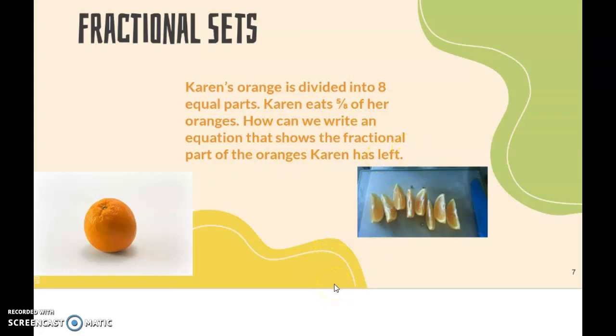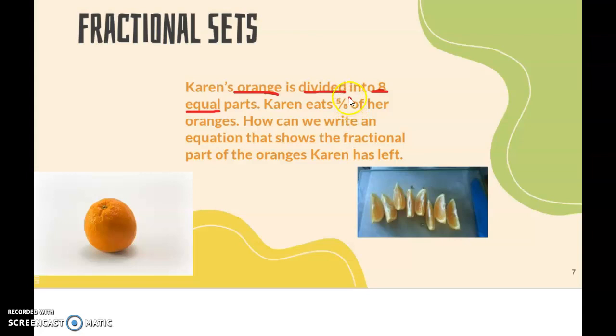Okay, so we are going to first go back to the question and underline what information we know. So we know that Karen had an orange and it was divided into 8 equal parts.